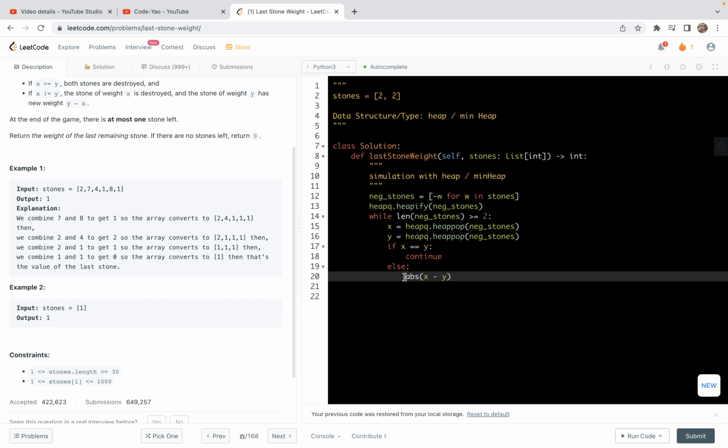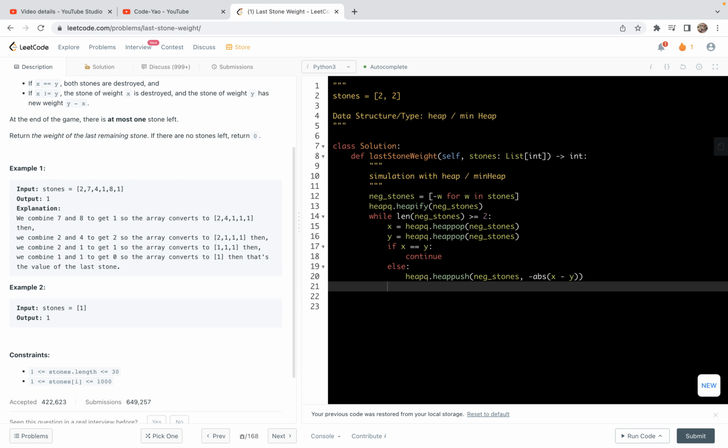This is the result, so we want to heap push this weight to the neg stones. Here I put a negative sign, because in the heap we are storing the negative weights, so we push the negative absolute value. This way we finish the procedure.